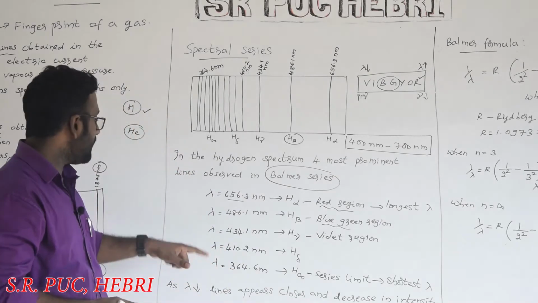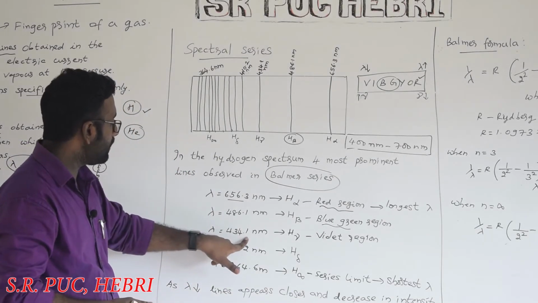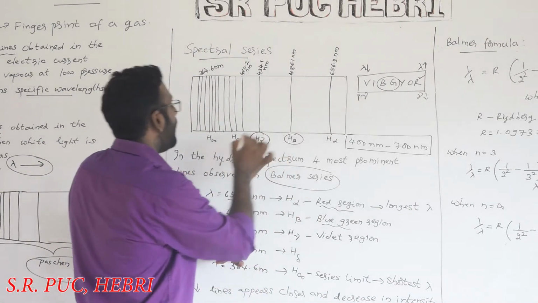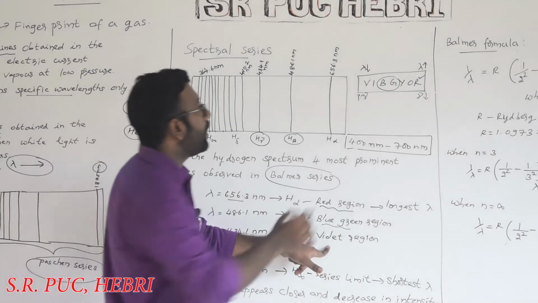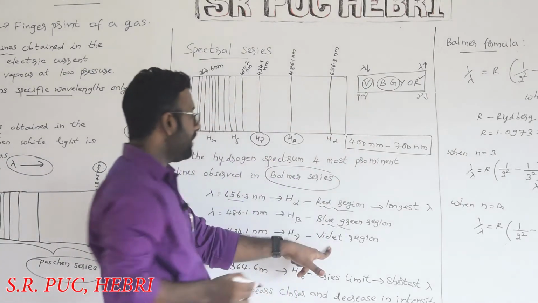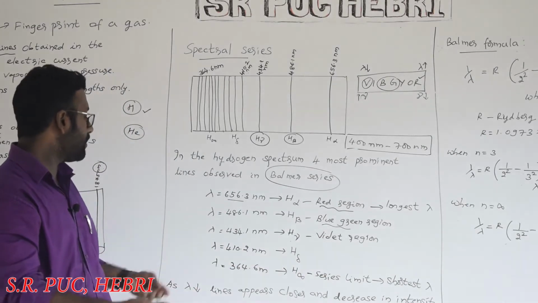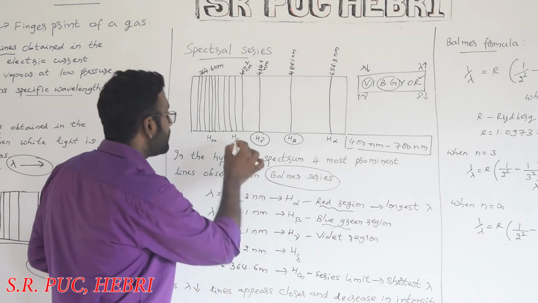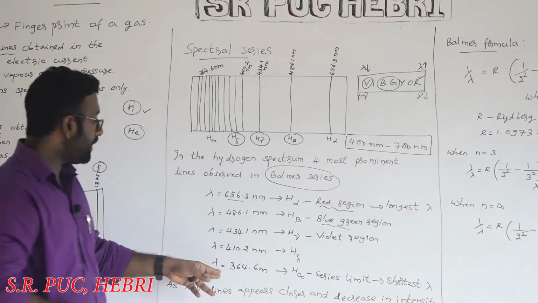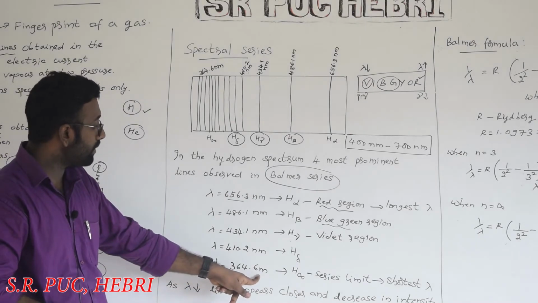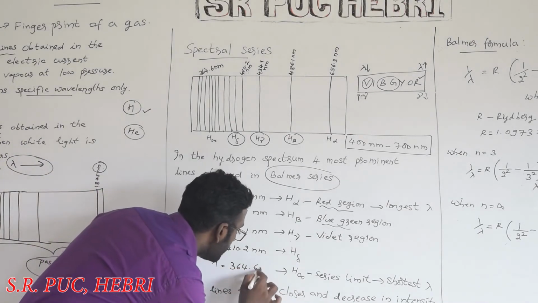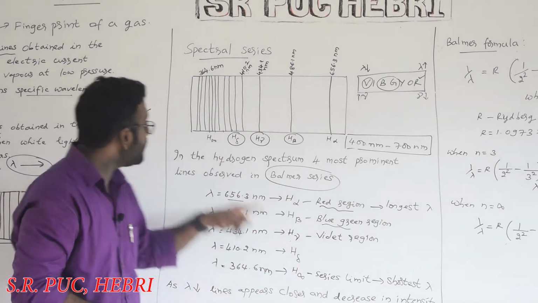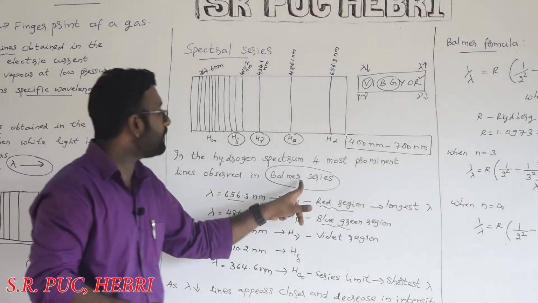Next, lambda of 434.1 nanometer is known as H gamma, in the violet region. Next, lambda of 410.2 nanometer is known as H delta, and lambda of 364.6 nanometer is known as H infinity. This H infinity is the series limit of the Balmer series.